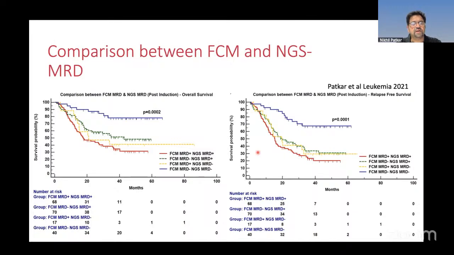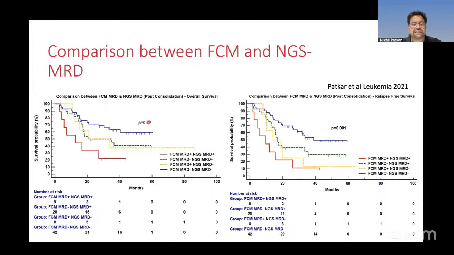You can see here, flow MRD positive, NGS MRD positive were 70 patients, and flow MRD positive, NGS MRD negative were 17 patients. So you have more patients who are flow negative NGS positive and fewer patients who are flow positive NGS MRD negative.